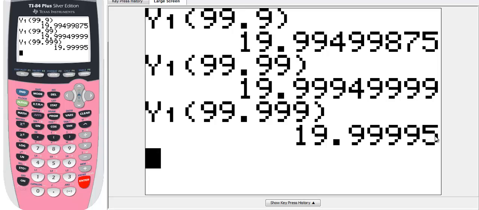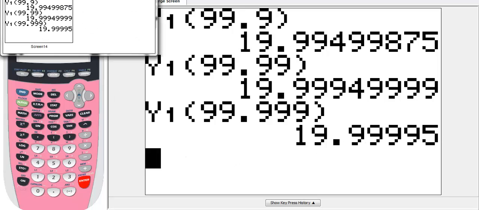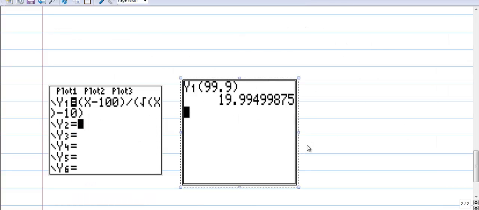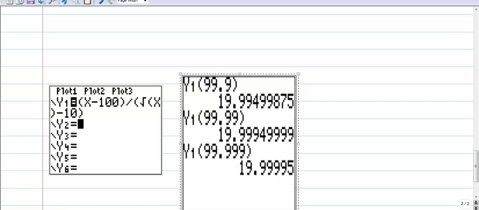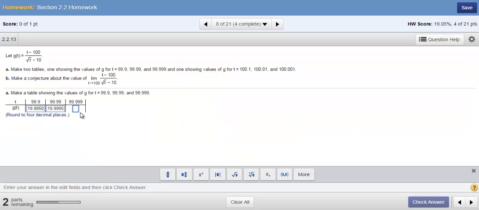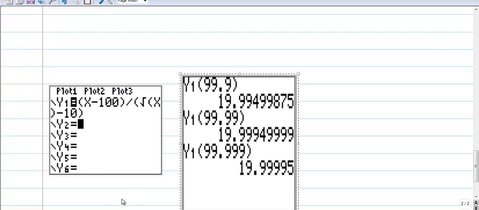So that 5 is going to round it all the way up. It's going to be 20.0000, because again, this 5 rounds that and it keeps rounding all the way up.